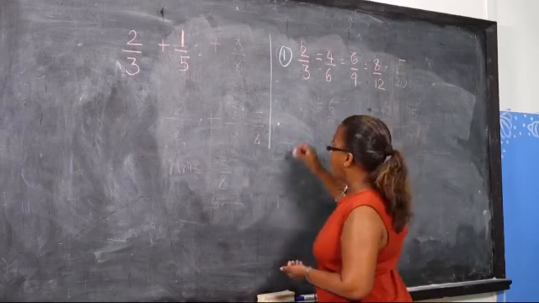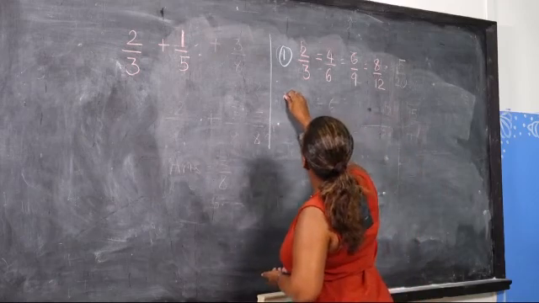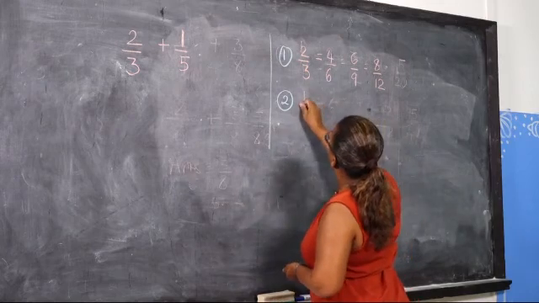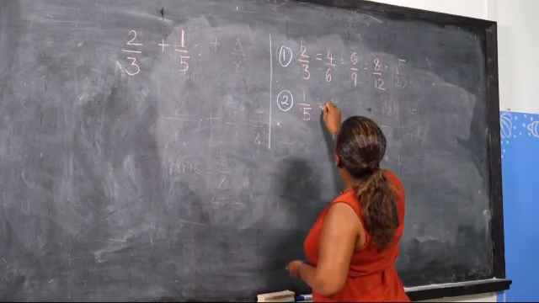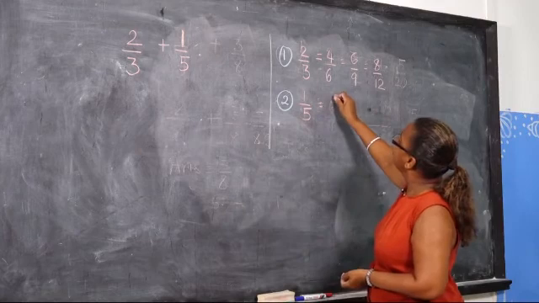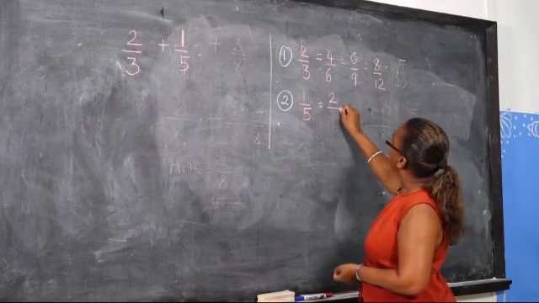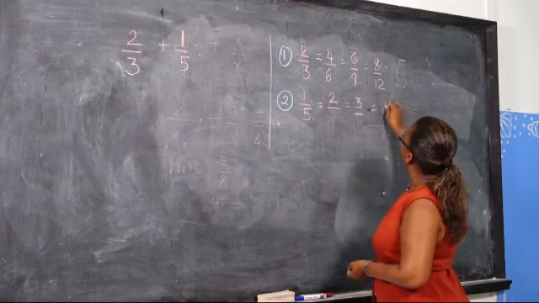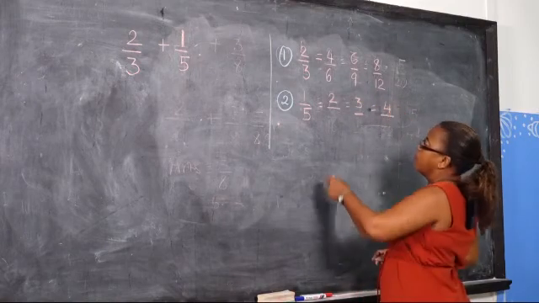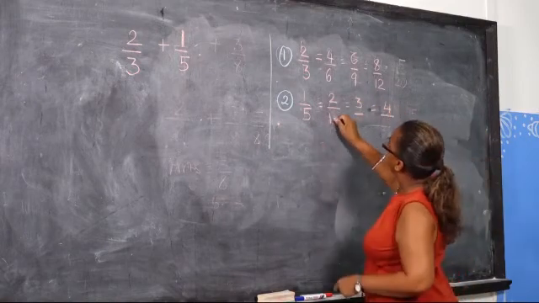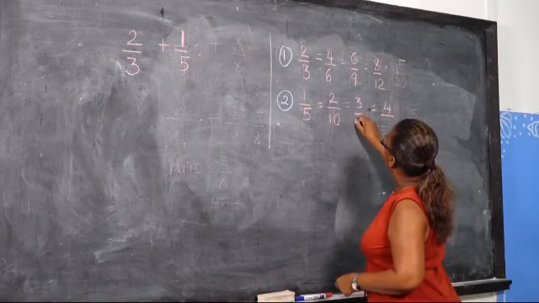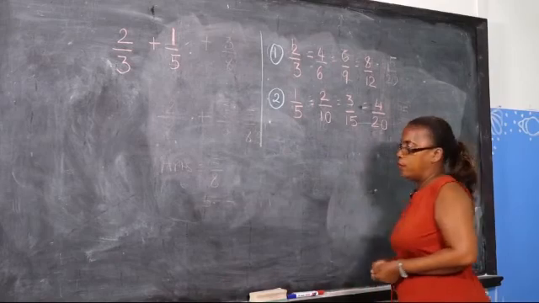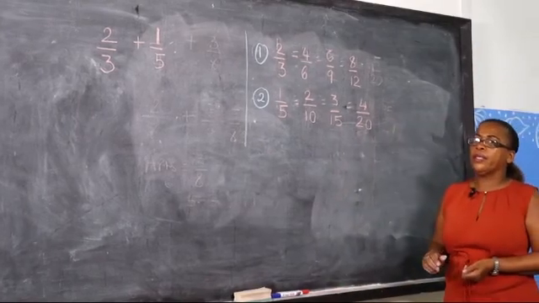Now let us take 1/5. We have 1, 2, 3, 4. Here we have 5, 10, 15, 20. Now let us look at it.